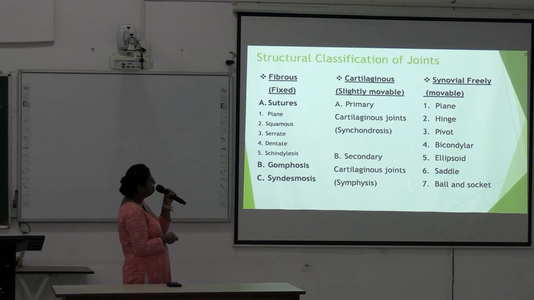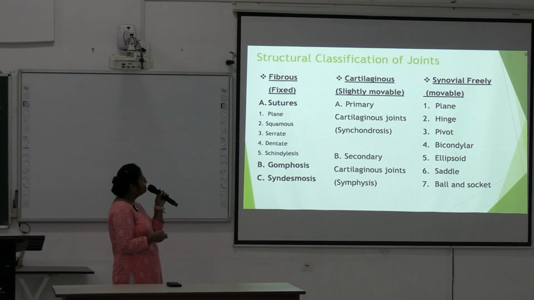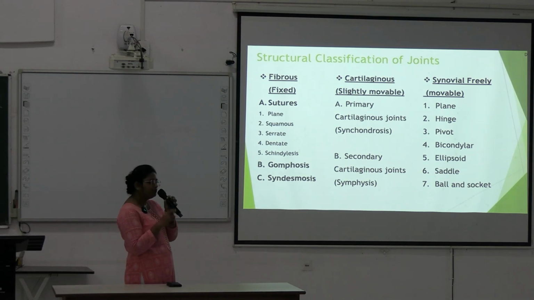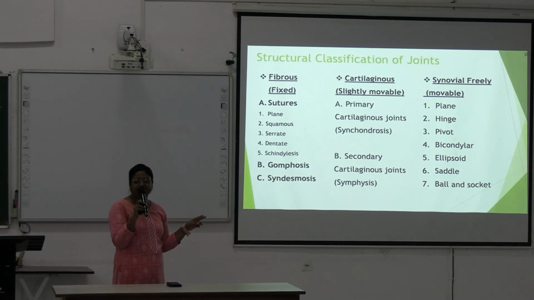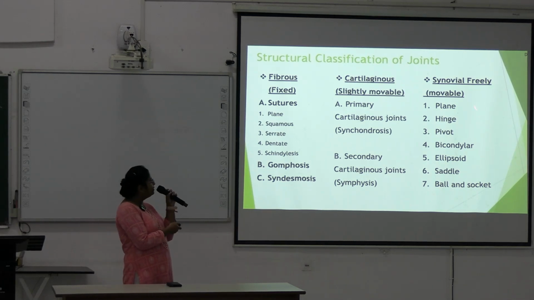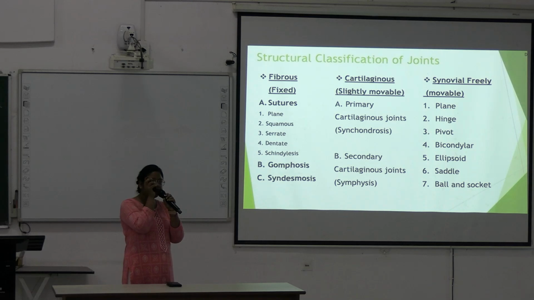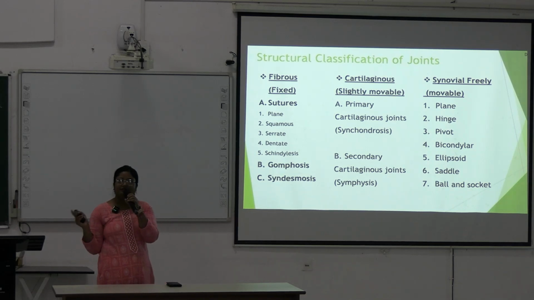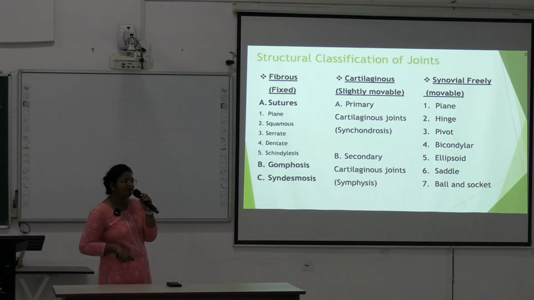Seven types of synovial joints are present in our body: plain type, hinge type, pivot type, bicondylar joint, ellipsoid, saddle and ball and socket. For example, we have two types of joint: ball and socket type, the shoulder joint, and plain type of synovial joint, the acromioclavicular joint.